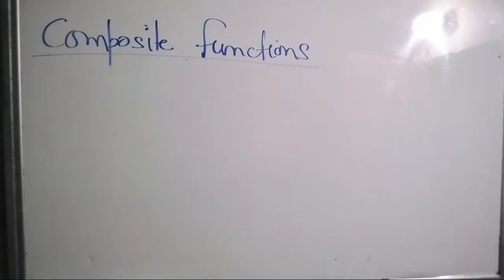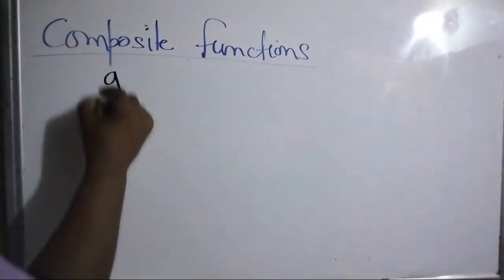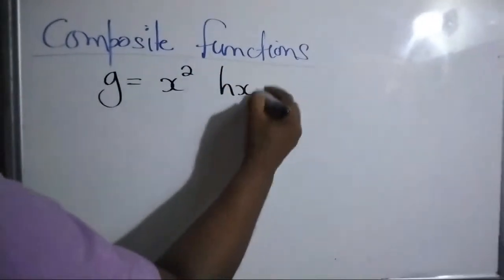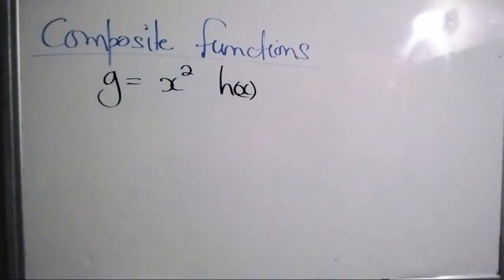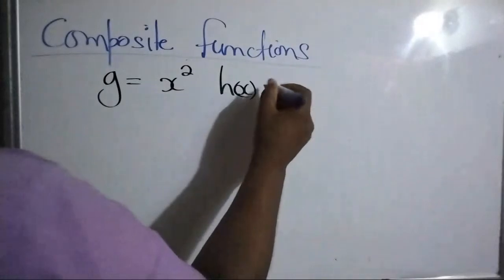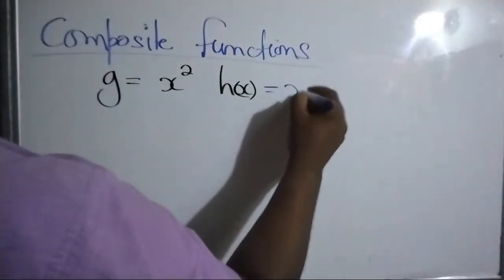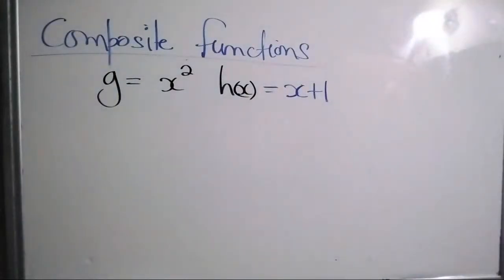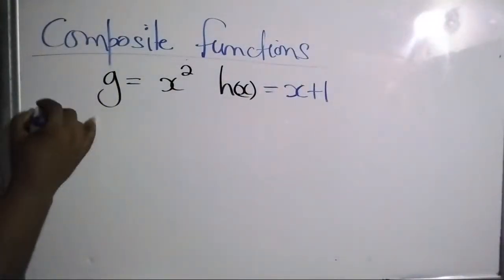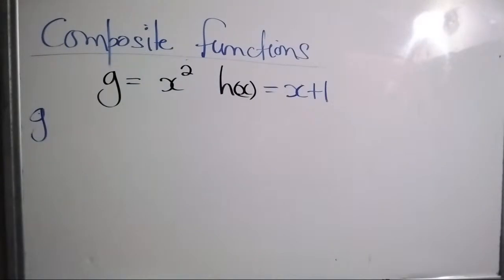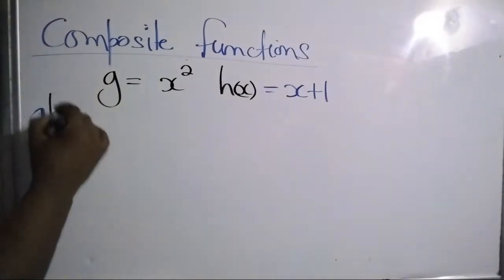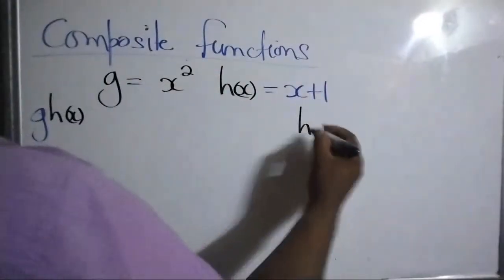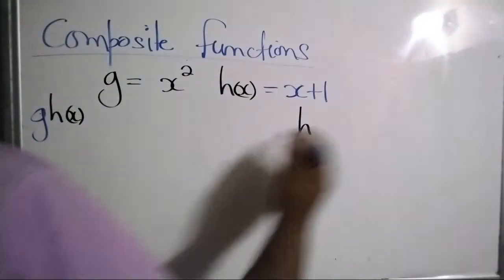Let us say g(x) is equal to x squared, and h(x) is equal to x plus 1. What we're going to be doing is to find g(h(x)), and also we're going to find h(g(x)).